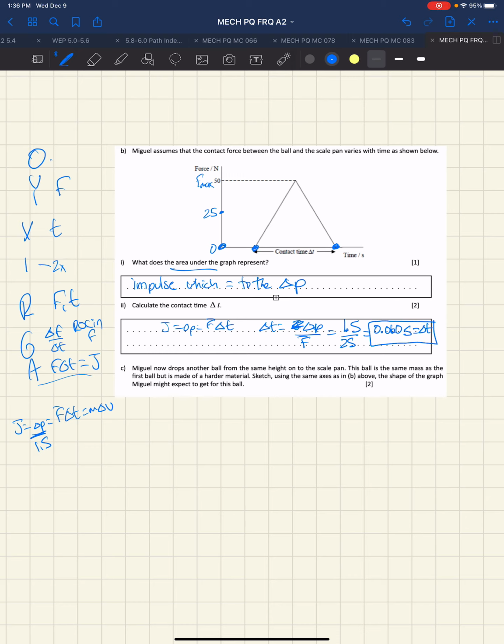Now let's see if that number makes sense to us. If we draw the average force, that would trace out a rectangle. So this then is F bar, and this is delta t.